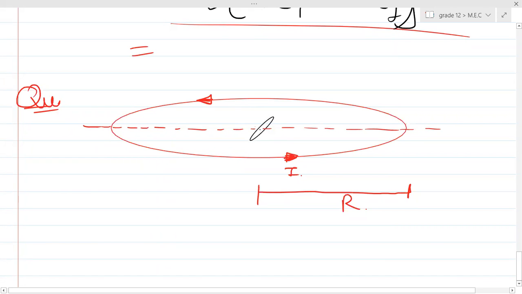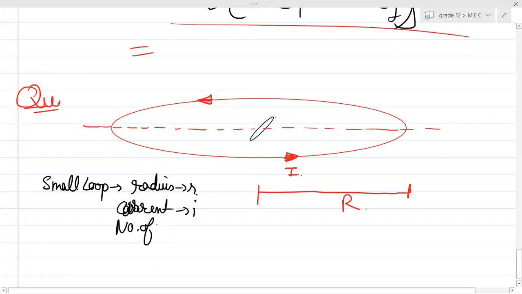There is a very small loop inside. This small loop is of radius small r. It carries a current small I, and the number of loops in the small coil is basically n. From here to here, this is n. The current inside it is going like this.